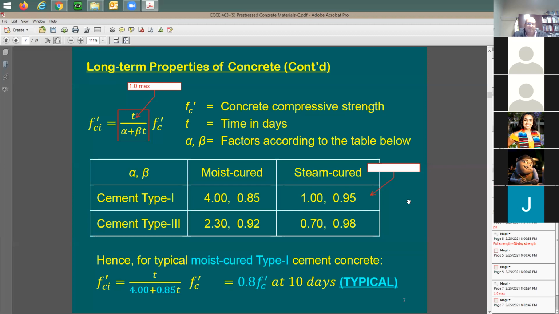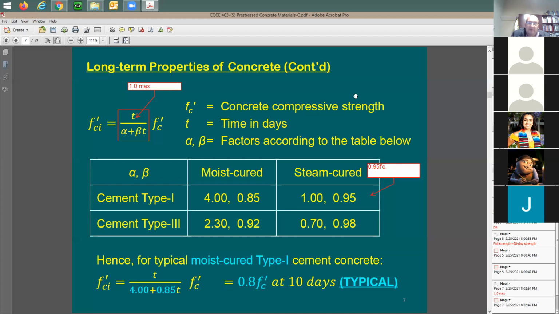Does make sense, right? If you put here 10 divided by 1 plus 0.95 times 10, it's going to be 95%. Yeah, wow, this is 95%. So I'm going to say 0.95 times f'c.